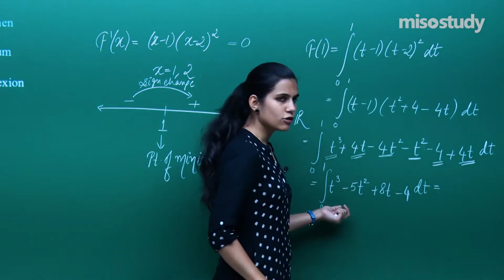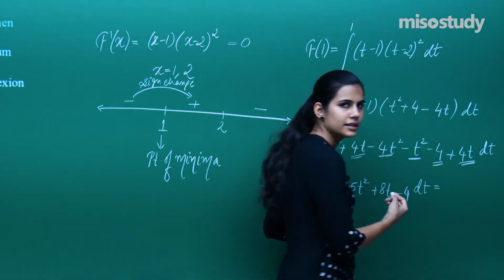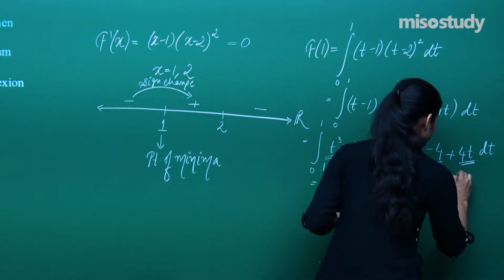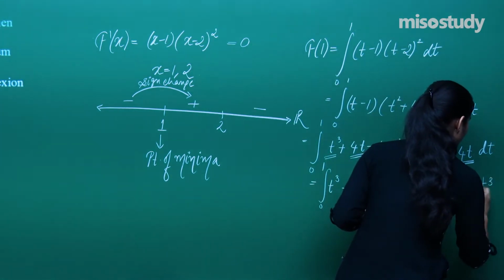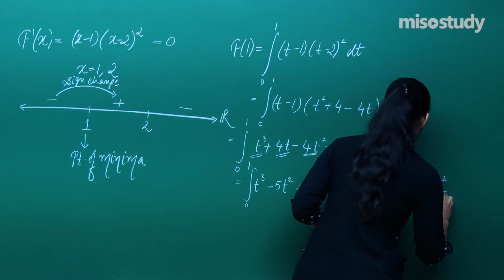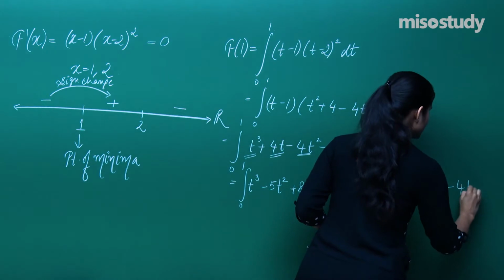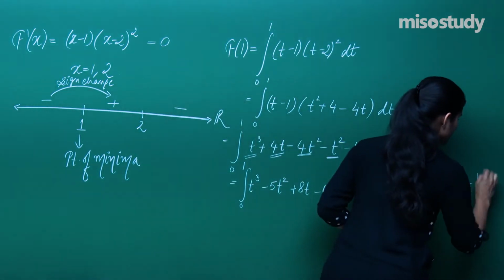This eventually turns out to be t to the power 4 by 4 minus 5t cube by 3 plus 8t square by 2 minus 4t, and the limits are from 0 to 1.